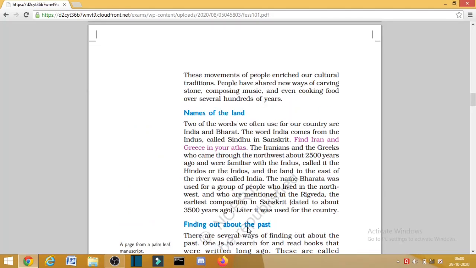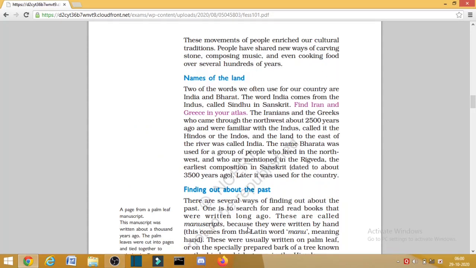Let us turn to the next page of the chapter, that is page number 4. These movements of people enriched our cultural traditions. This movement brought what? Culture and traditions. Enrich means to improve the quality or flavor of something.